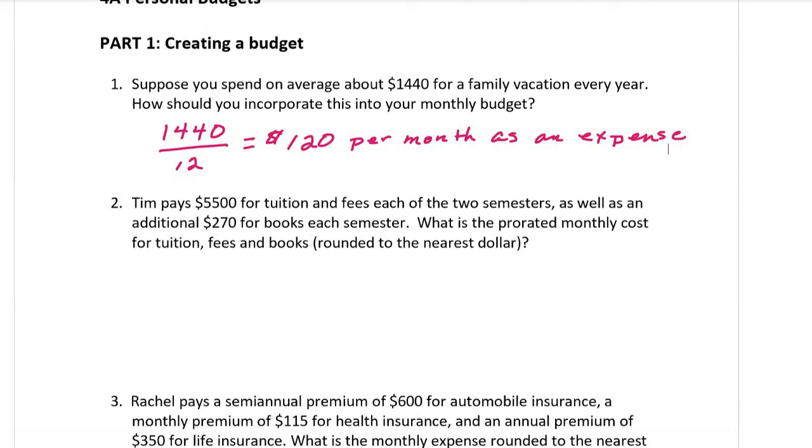We could figure out how much Tim pays for 1 semester, which is half a year, so we would take that amount and divide it by 6. Or we could figure out how much he pays for the year and divide it by 12. So we're going to do the problem both ways, and you decide whichever way makes the most sense for you.